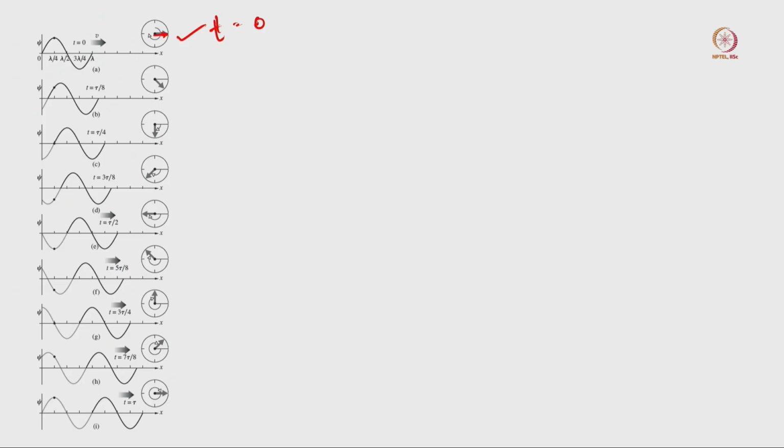Then when there is a change in the time, at t equals this, you can see there is a 45 degree angle difference, right, and in the wave as well you can see there is a difference.